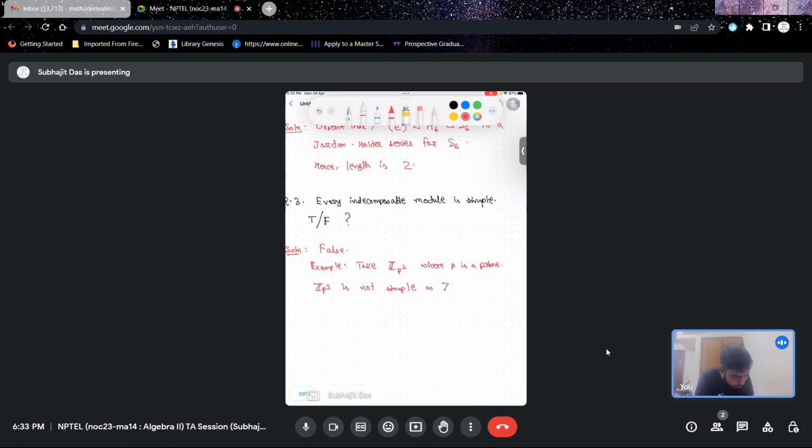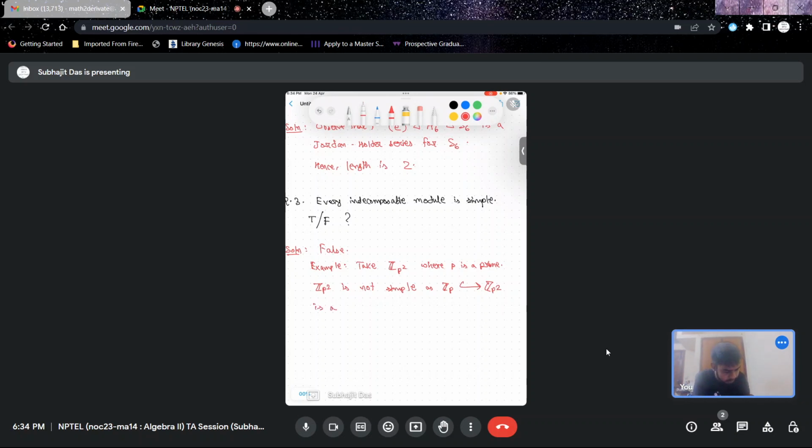As Zp can be embedded into Zp square, mainly because Zp square has elements of order p, right? So by Cauchy's theorem, since p divides the order of Zp square, there is an element of order p, and hence Zp can be embedded into Zp square.